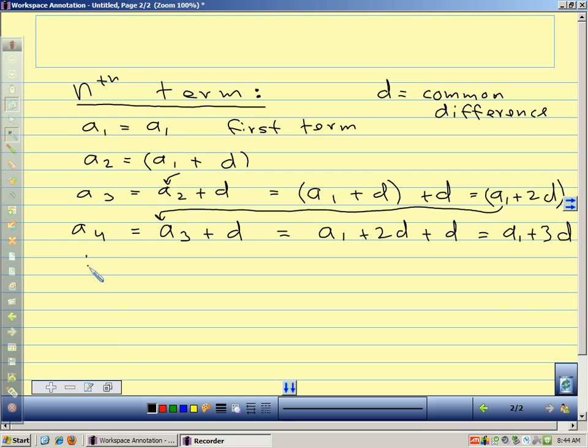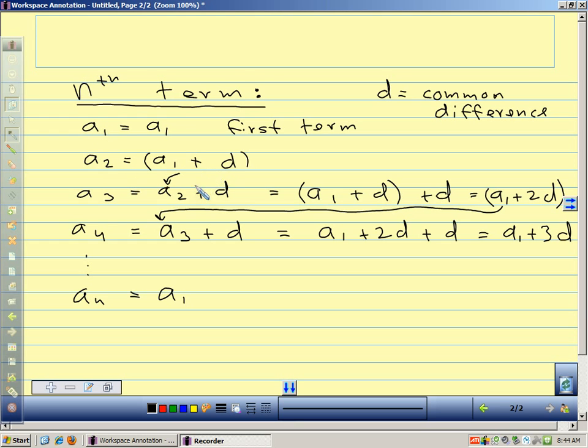So does anyone see the pattern here? A sub n equals a1 plus something. Here n is 4, and this number is 3. Here n is 2. This number is 1.